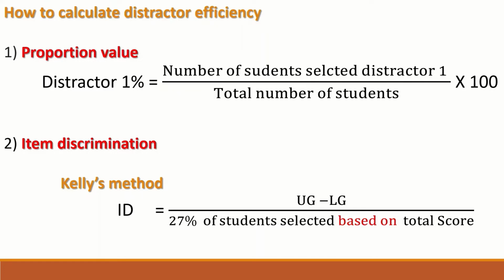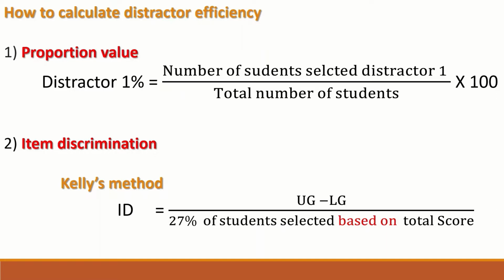The second calculation or test is the item discrimination following Kelley's method. ID equals upper group minus lower group divided by the 27% of the students selected based on their total score.